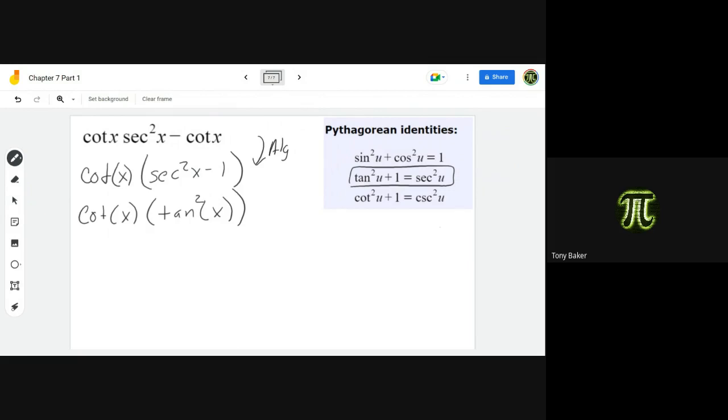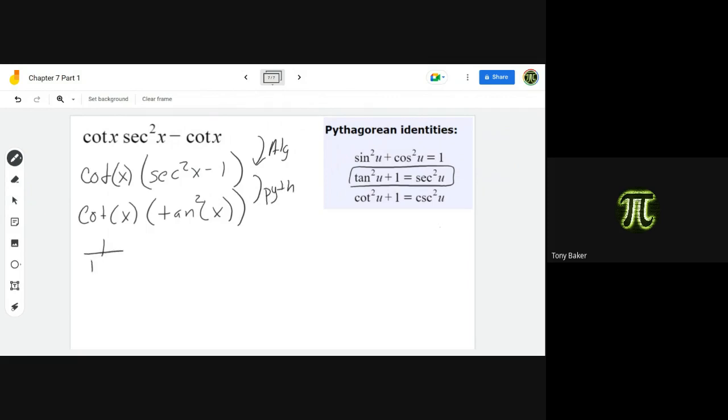I want one term. We have two still. So now this is one of those situations where we might switch things to sines and cosines, but this one we might not want to. We do know that cotangent is the reciprocal of tangent.